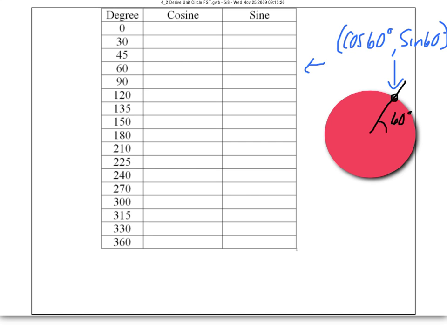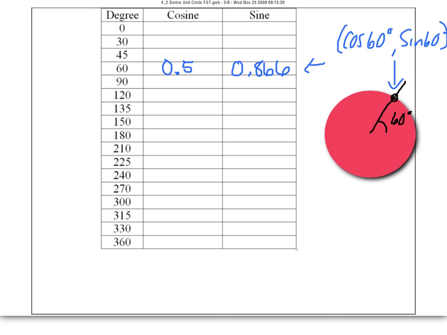Now, you need to go to your calculator and type in the cosine of 60 and the sine of 60 degrees. And you want to make sure when you do the cosine of 60, what you should get is 0.5. For the sine, it's going to be 0.866 as we round.